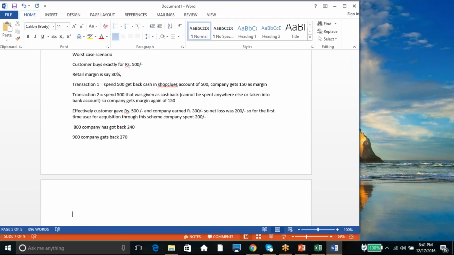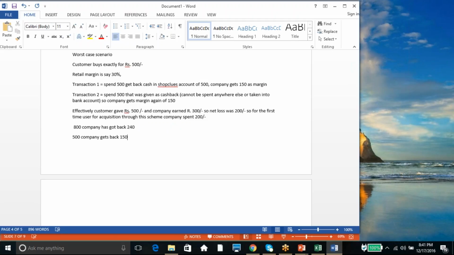So effectively, you reduce this to 500 because you got only 500 cashback. So you get 150. Again, by giving that 500 cashback, the total return to the company is still 390 and the cost of acquisition is only 110.